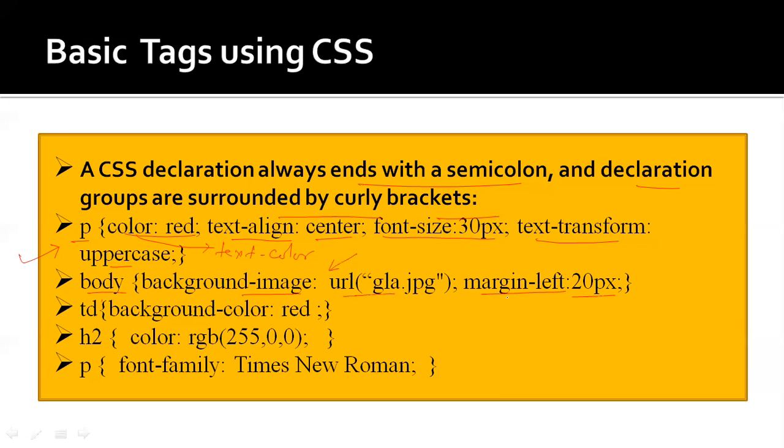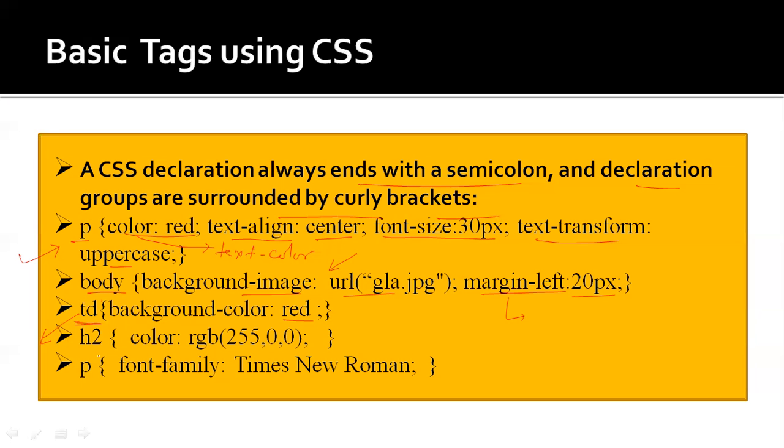Margin specifies that some spaces are created on the left hand side of the web page, that is 20 pixels. Then TD stands for table data. I hope you remember it. Background color colon red, it means for table data background color is defined to be red.